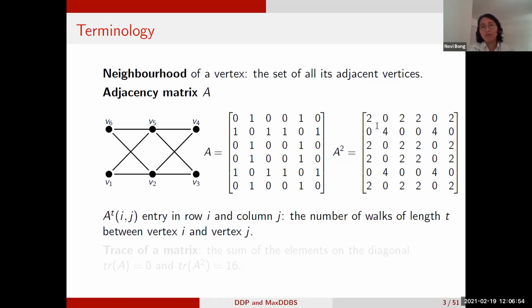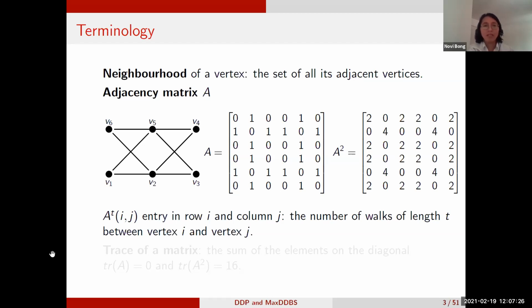Now you see that the main diagonal entries are no longer 0. These entries tell us the degree of a vertex. V1 can be reached by a walk of length 2 through every edge that it has: you go along an edge, go up there, and then come back. That is a walk of length 2 that returns to the original vertex. So all of the main diagonal entries give you the degree of the vertex.